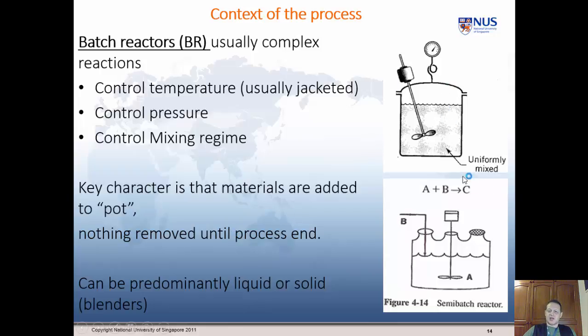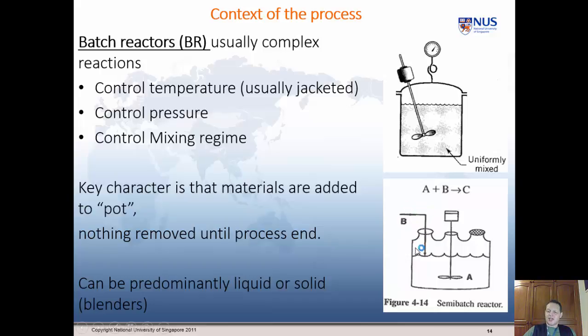This is a liquid example. I've put this one up here, a semi-batch reactor. Don't be fooled, it is not a flow reactor. Be careful, it looks very much like another type of reactor, which is a flow reactor.